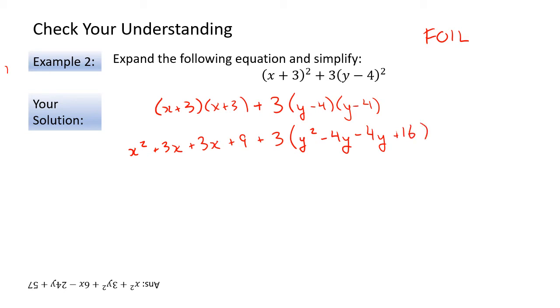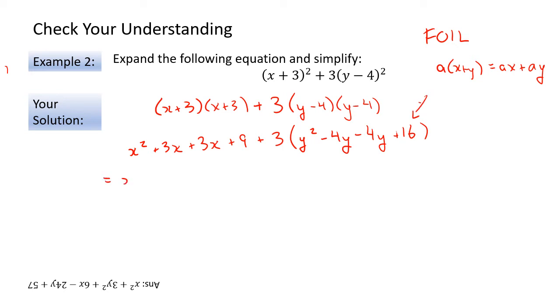Okay? Now remember, in the last example, we had a negative sign, and that propagated all the way through. The same thing happens when you have a number like 3. Remember the first rule that we saw there, which was a(x + y) is equal to ax + ay. So we have to now distribute that 3 to each one of these terms.